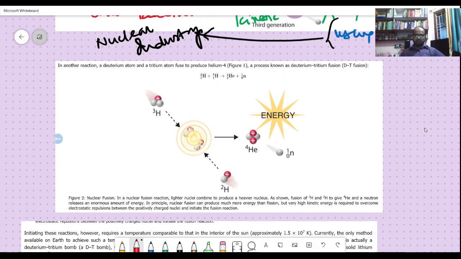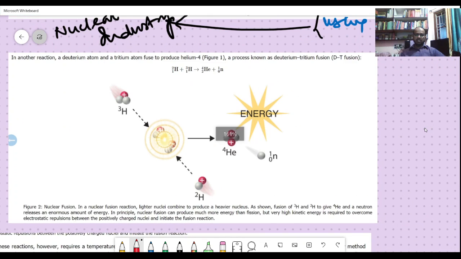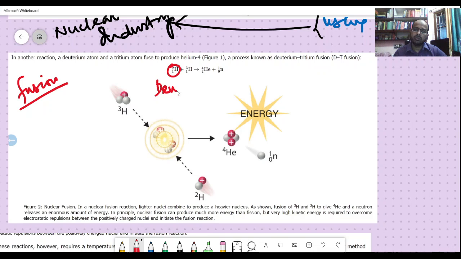In another reaction, a deuterium atom and a tritium atom fuse. That one was fission and this one is fusion. Example is the graphic shown there. You can see this is deuterium and this is tritium.